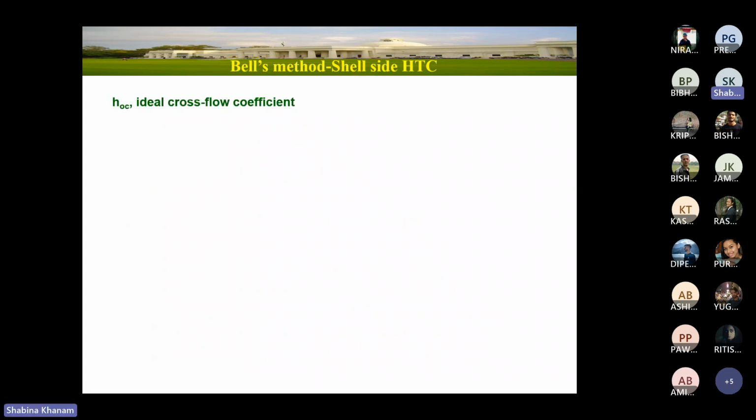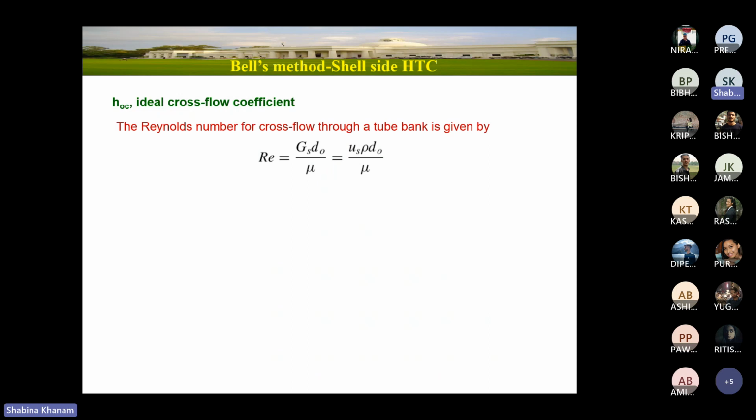When we consider HOC, the ideal cross flow coefficient, compare it with Kern's method. In Kern's method we also consider the cross flow area, but that is the maximum cross flow area, based on which you have calculated the US. The same thing you need to do over here.